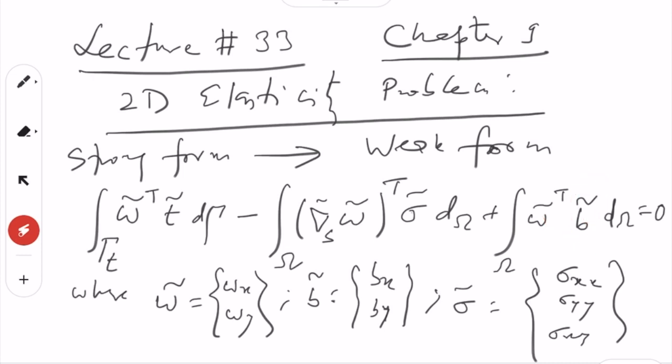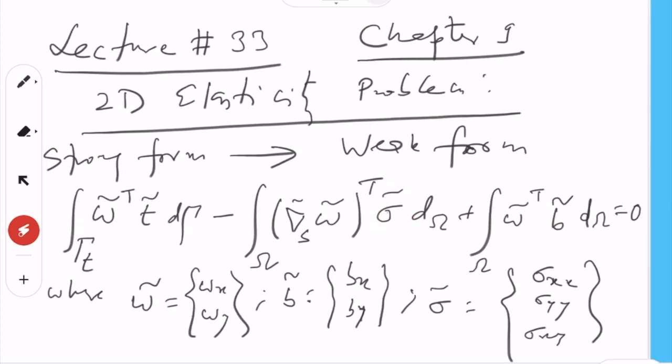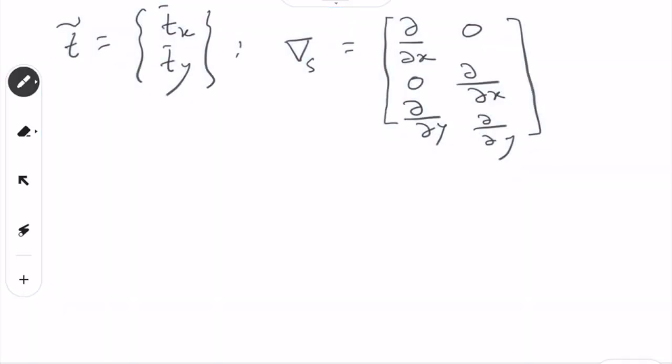So that means we have to find the sigma as a function of u, right. So let us write u tilde, where u tilde means ux and uy.